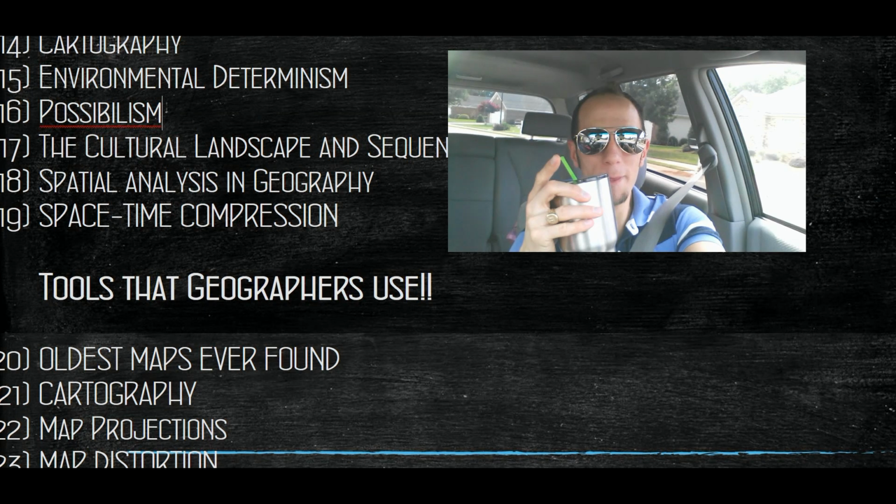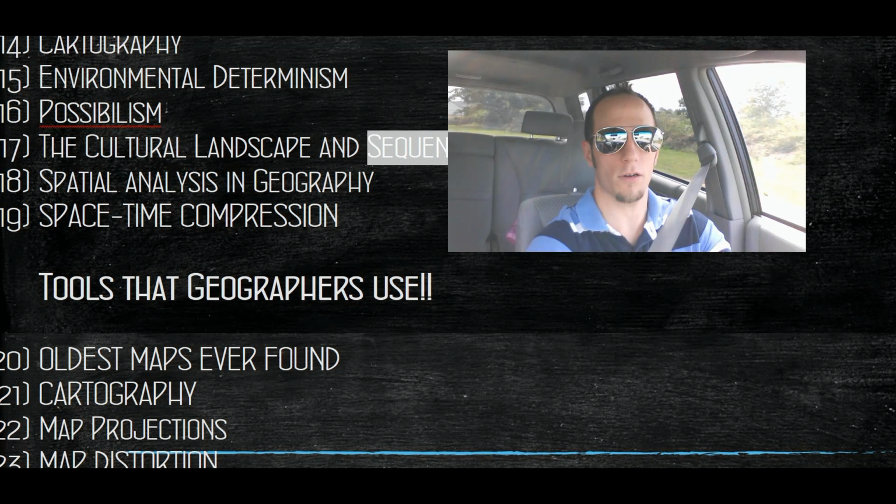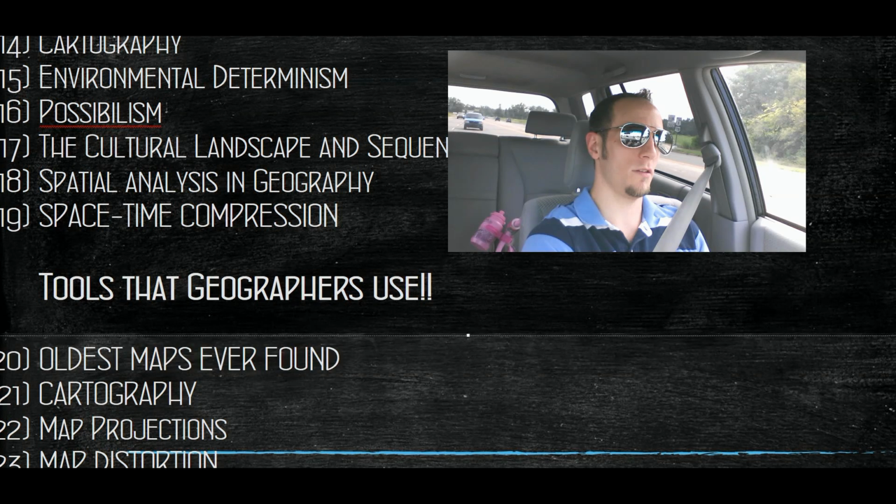And so to look a little further at this, you've got this idea of sequent occupants. And what that means is that over time, people have adjusted the landscape again and again. If you're looking at the old Roman Empire, you're going to see aqueducts, you're going to see the Colosseum, you're going to see all these things. You're also going to see elements of the Renaissance. You're going to see modern buildings and modern structures.